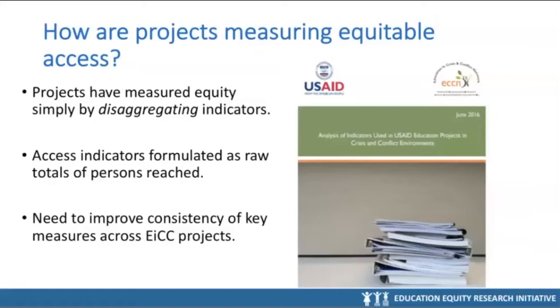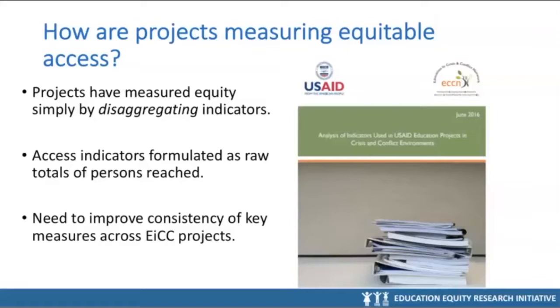And the first key finding was that projects most often were only measuring equity through the disaggregation of indicators on enrollments or of learners supported by the project in one or more dimensions of equity, typically gender, sometimes urban-rural, and generally there were not targets for the disaggregate components, so not necessarily clear accountability for equity outcomes.